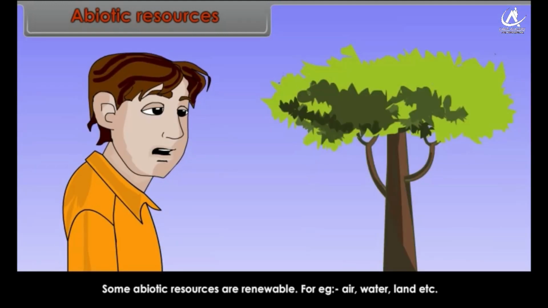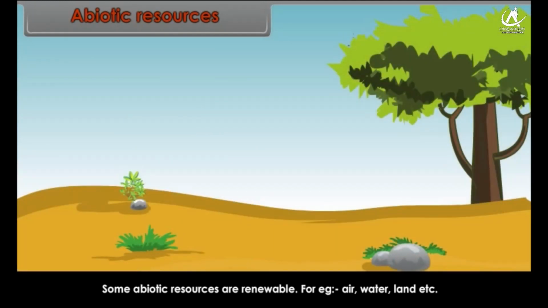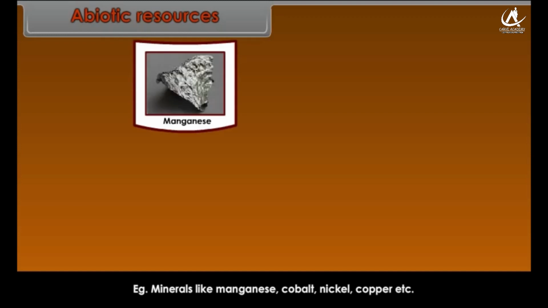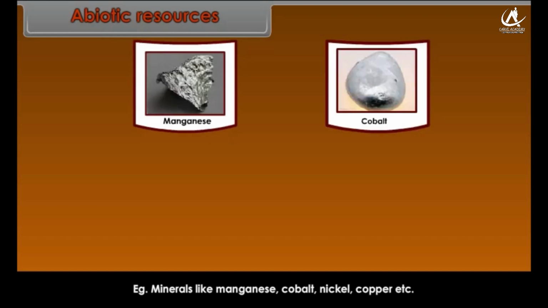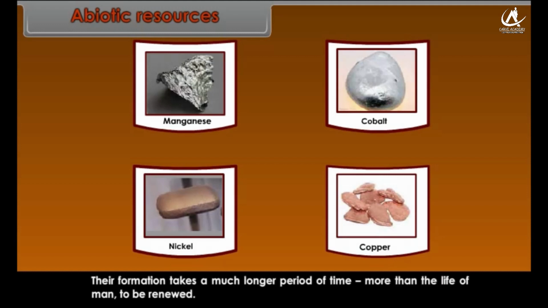Some abiotic resources are renewable. For example, air, water, land, etc. There are some abiotic resources which are non-renewable. Example, minerals like manganese, cobalt, nickel, copper, etc. Their formation takes a much longer period of time, more than the life of man, to be renewed.